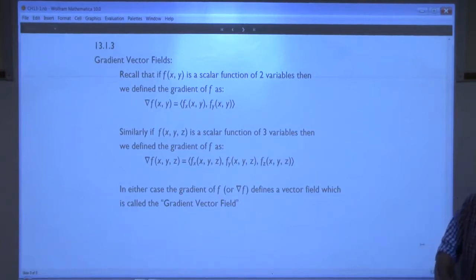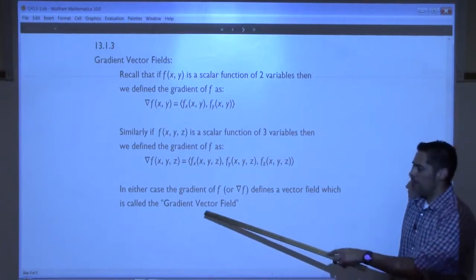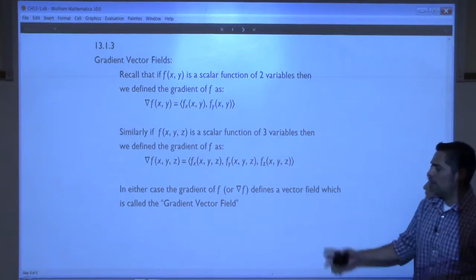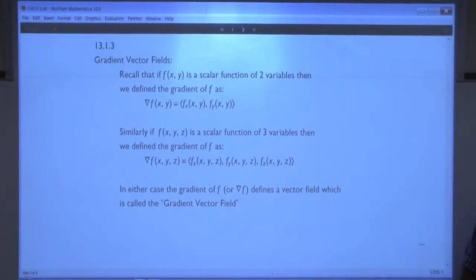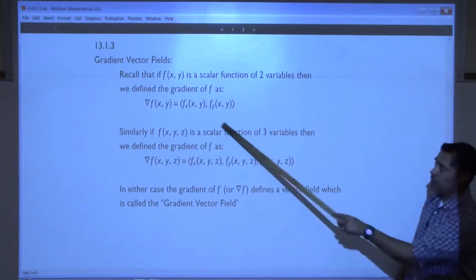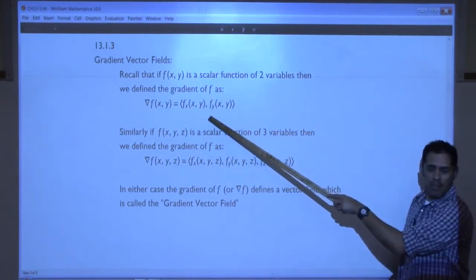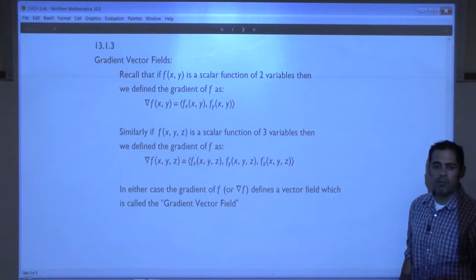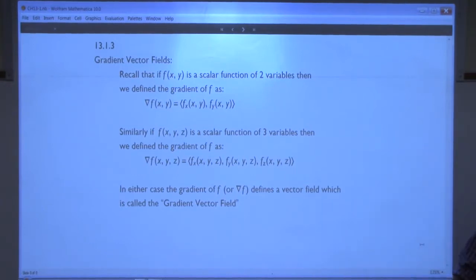We call that vector the gradient vector, the gradient vector field, because you're creating a vector field, right? This is a vector function, isn't it? And this is a vector function. So it comes from the gradient. We call it the gradient vector field. Now it's going to have some important implications of that vector field later.